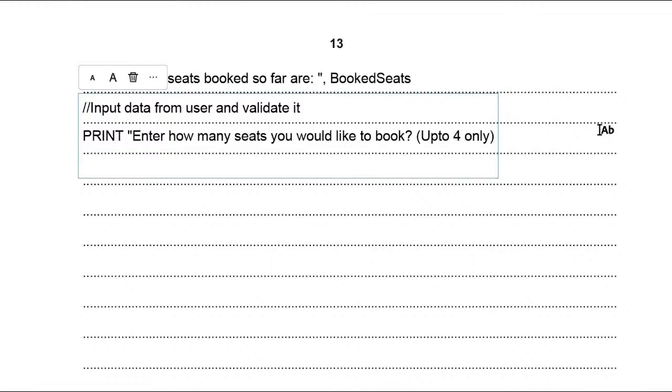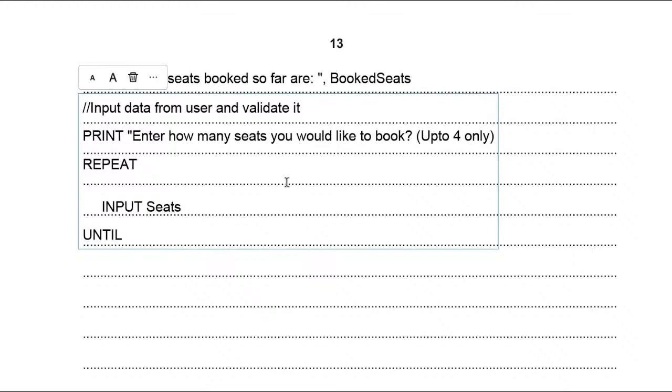Now we are going to input, we chose the word seats, until seats is greater than 0 and seats less than or equal to 4. You can use a while loop as well, your choice.